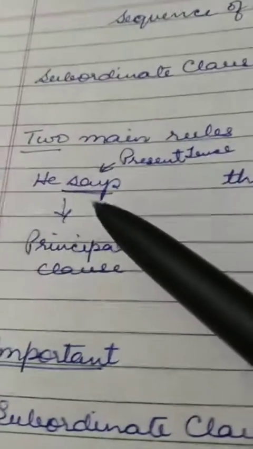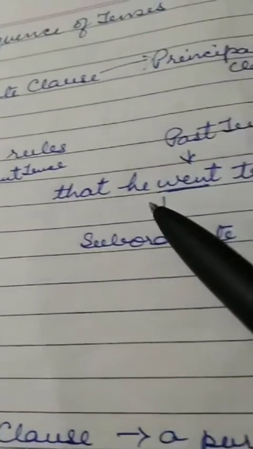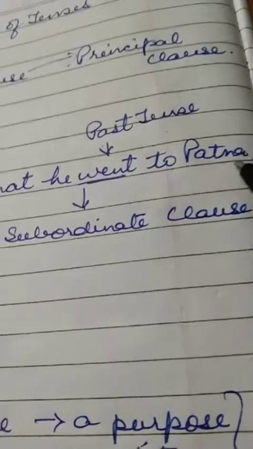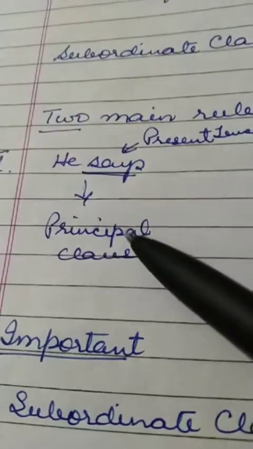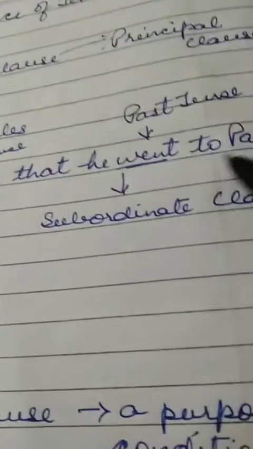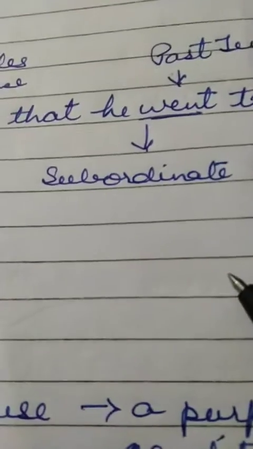See the example here. He says that he went to Patna. He says is the principal clause. That he went to Patna is the subordinate clause.